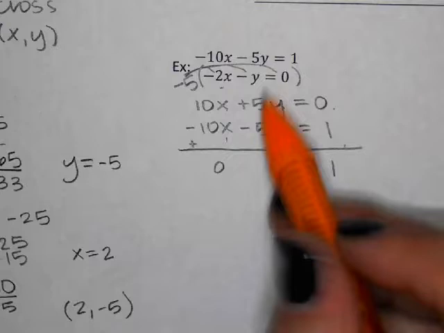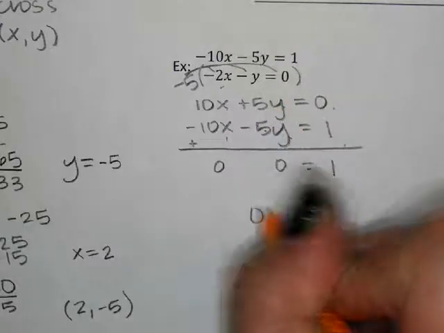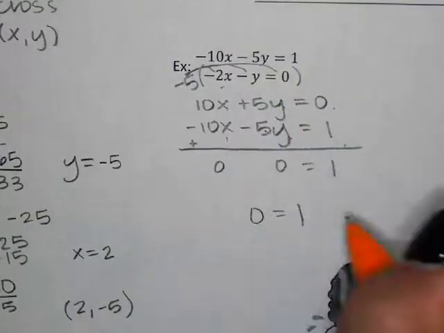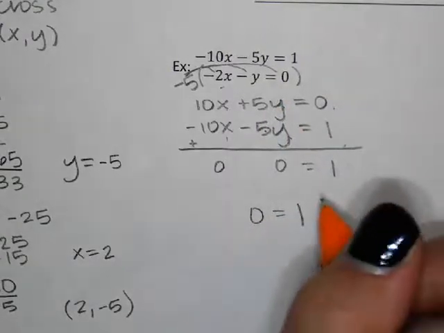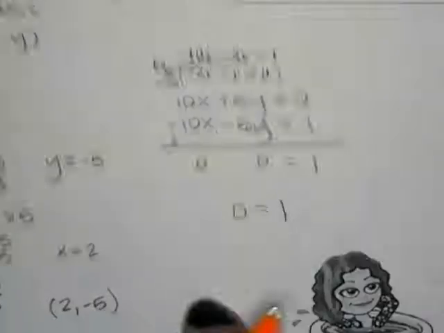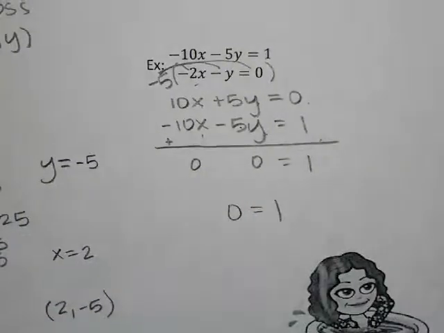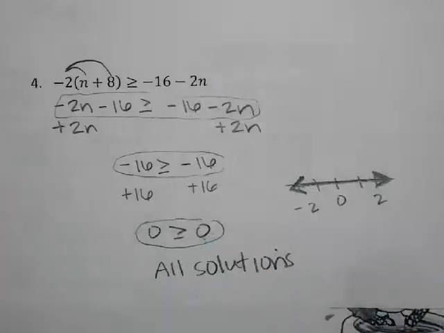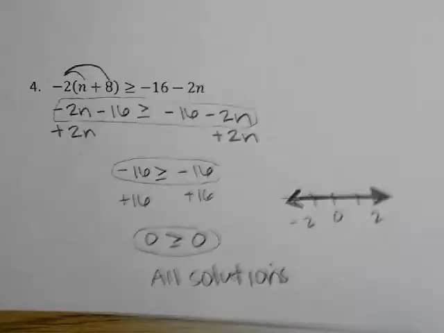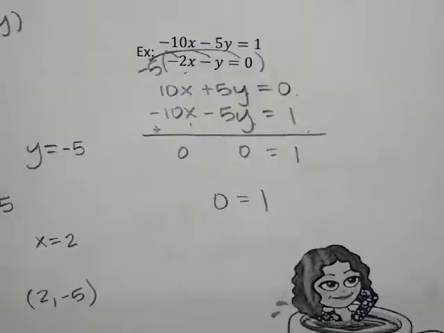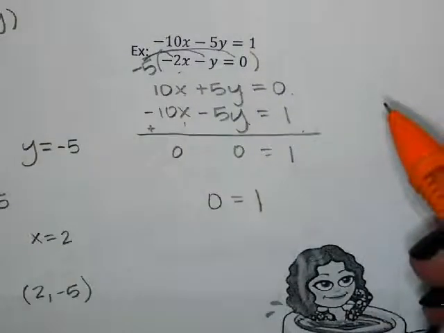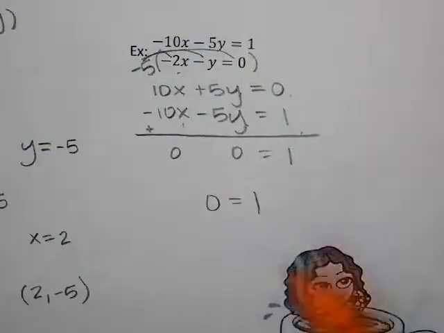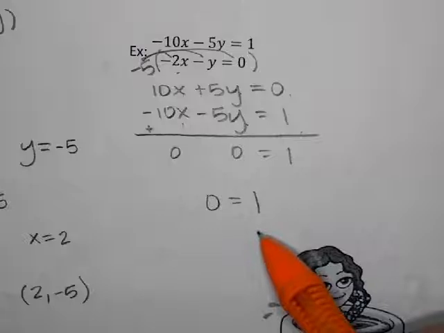And this is where we have to think back to what we just did. We just did this on these other notes where we ended up with something where the variable disappeared. So it's happened again. The variable has disappeared. So whenever that happens, we have to look at what we're left with and we have to decide, is it true or is it false? Because that will tell us where to go from there. So we look at this, is it true or is it false? This is false. So when the thing is false, what is our conclusion?